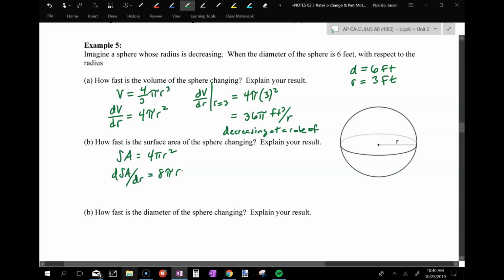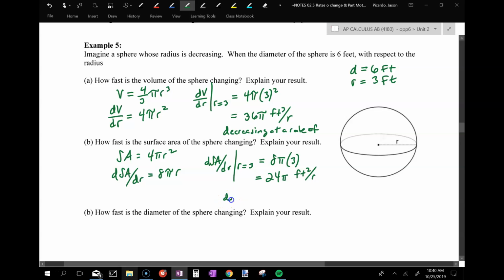All right, and I want to know what is the value for how quickly my surface area is changing when the radius equals 3. Twenty-four pi, right? And with a unit, what's that going to be? Square feet per radius.